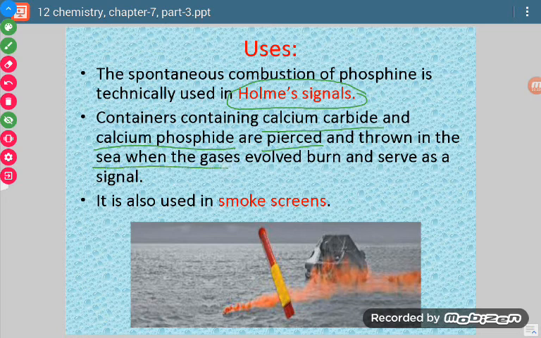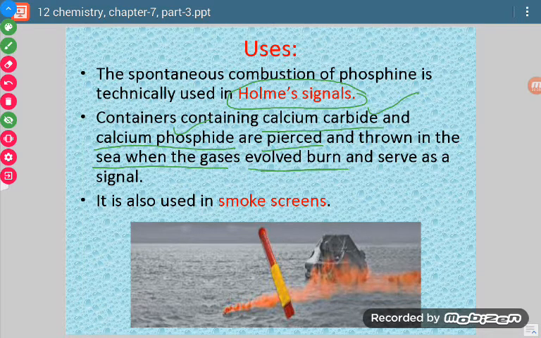Let us suppose we are on a ship and we have to give another ship some danger signal. Then we will take calcium carbide and calcium phosphide containers, we will make holes in them and then we will throw it in the sea. Now what is going to happen? When these two compounds come in contact with water, there is formation of acetylene gas by calcium carbide and phosphine gas by calcium phosphide. Now those two gases start burning.